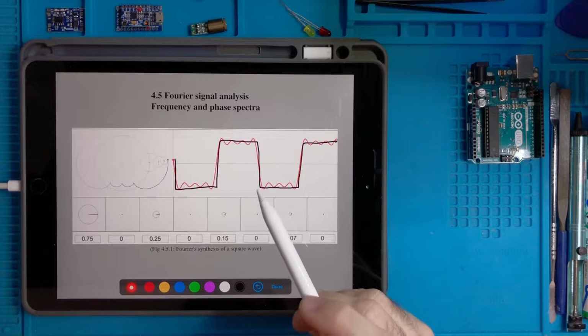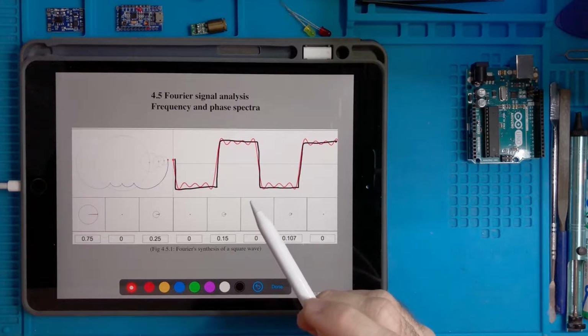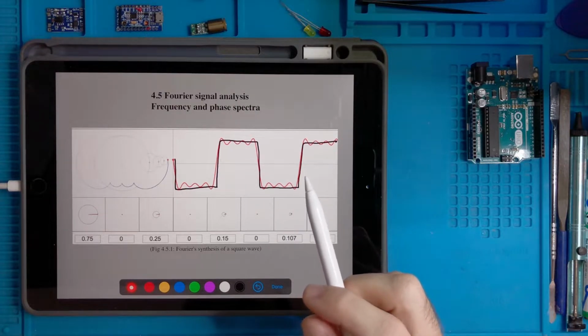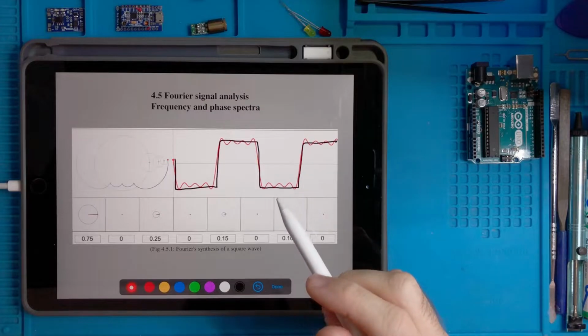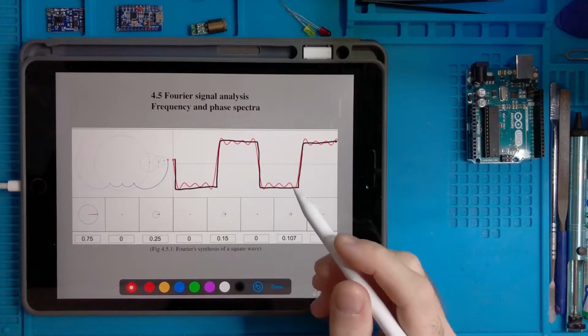Okay, so we have to consider the Fourier transform we have seen so far, and so we have to understand which are the so-called frequency components. So the trick is this one.